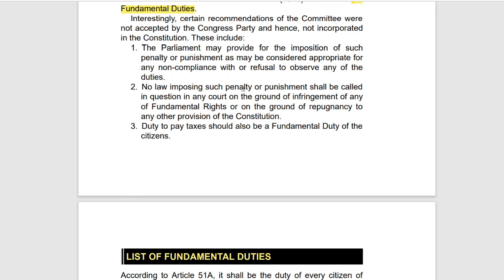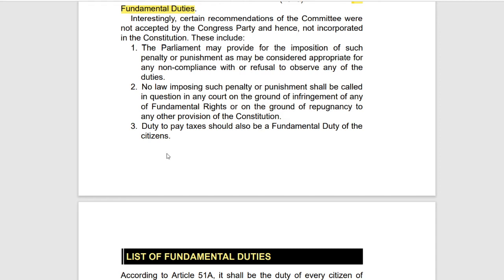No law imposing such penalty or punishment shall be called in question in any court on the ground of infringement of any fundamental rights or on the ground of repugnancy to any other provisions of the Constitution. Duty to pay taxes should also be a fundamental duty of citizens.